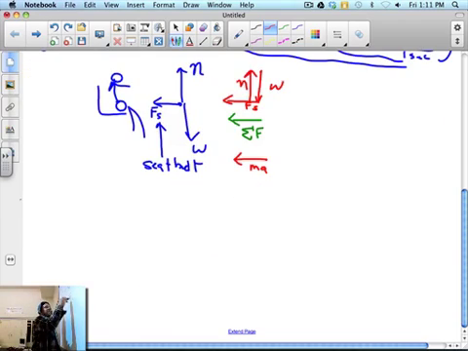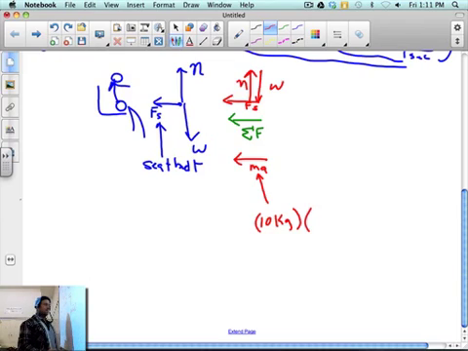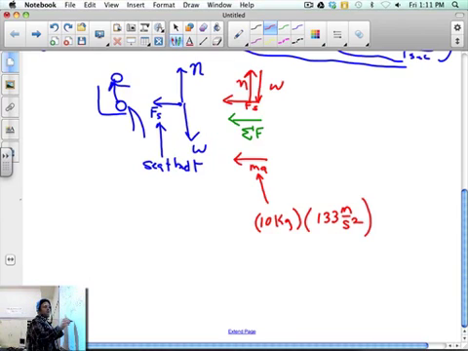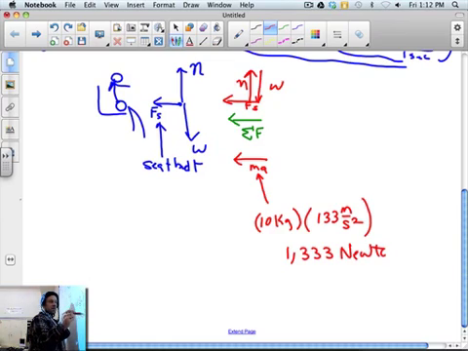So then to calculate MA, we would say 10 kilograms times 133 meters per second squared, right? And that's going to be 1,333 newtons, because a kilogram meter per second squared is a newton. And this is going to be how much net force is required, which just so happens to be the same length.